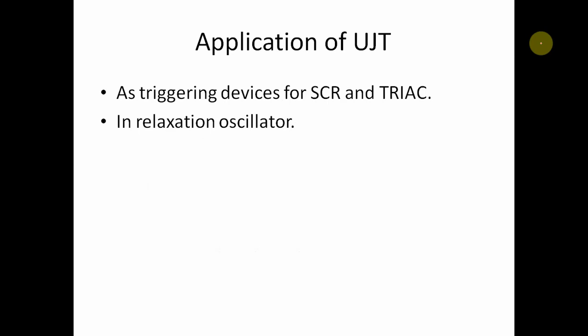Some applications of UJT are as a triggering device for SCR and triac. Triggering is nothing but turning on devices such as SCR and triac, and UJT is also used in relaxation oscillators. Here the UJT part is completed.